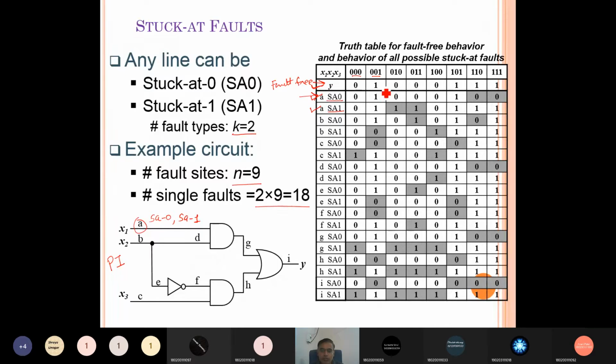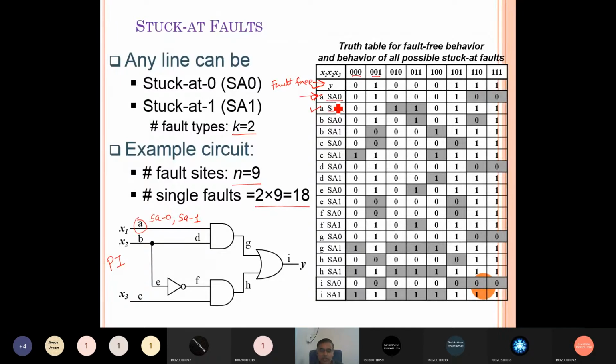In this row, we get the fault-free output. When the inputs are 0, 0, 0 and no fault is present, the output will be 0 as per this circuit logic diagram. So in the Y row, we are getting the fault-free output.